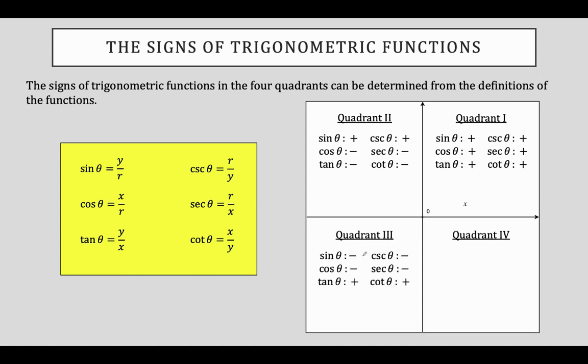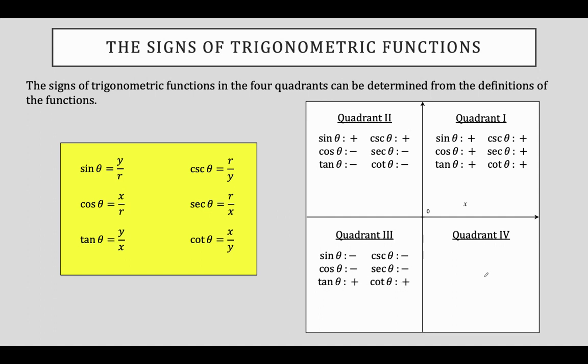What this means is that sine is going to be negative, cosine is going to be negative, and tangent is going to be positive. Notice that tangent becomes positive because I'm taking a negative and dividing by a negative. Similarly, each one of their reciprocals follows the same pattern. Cosecant of theta, the reciprocal of sine, will also be negative. Secant of theta, the reciprocal of cosine, is also negative. Cotangent of theta, the reciprocal of tangent, is positive.